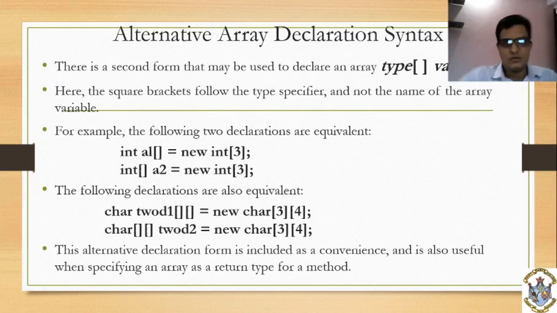So here we are following the same syntax for the declaration. And here the size is 3, you are creating int a2 is equal to new int of 3. You are also doing the same like this. Even if you use it like this, it is also an alternative array declaration syntax. Here the two-dimensional array also you can declare like this, or else you can declare like this. It is similar for the two-dimensional declarations.